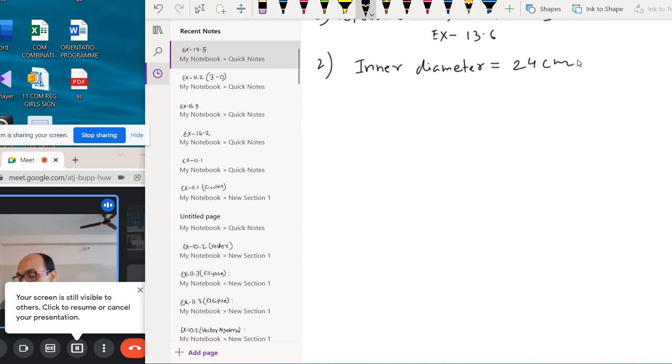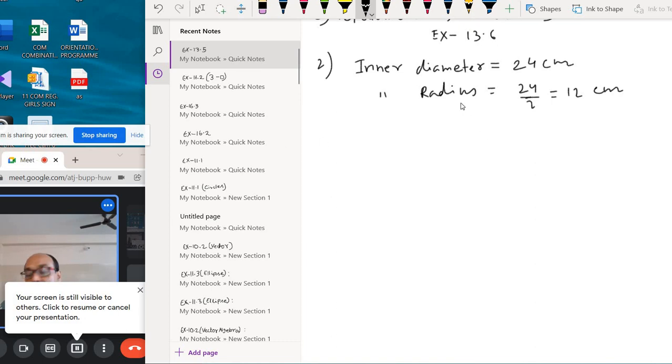So the inner radius is 24 by 2 equal to 12 centimeter.